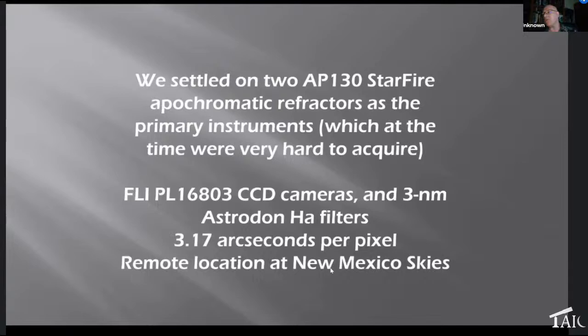But we worked with Roland to adjust the spacing to cover the entire chip and produce round stars, and it worked out. We ended up changing the focal ratio so that we were imaging at f4.5 in our setup.